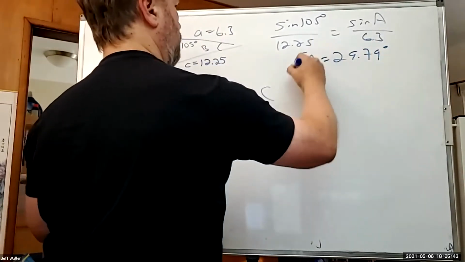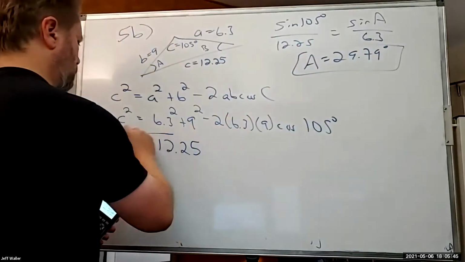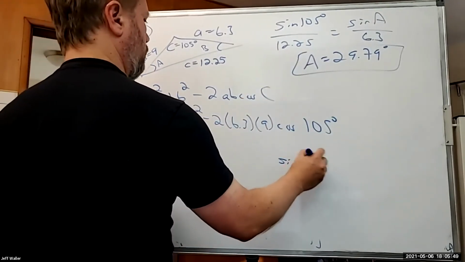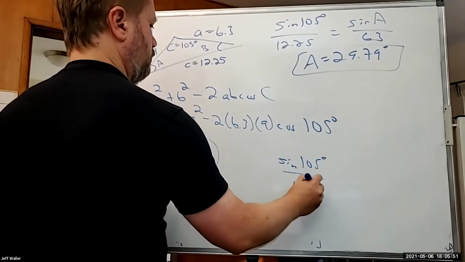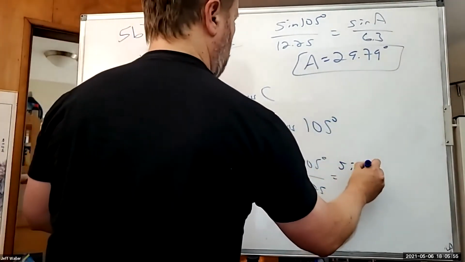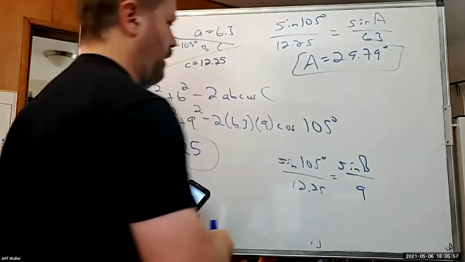And then to figure out angle B, I can do sine of 105 over 12.25 equals sine B over 9.